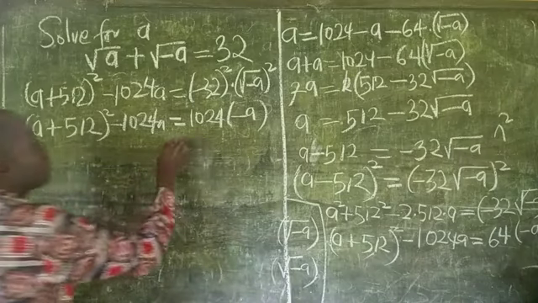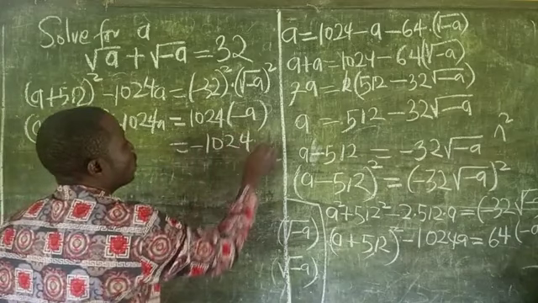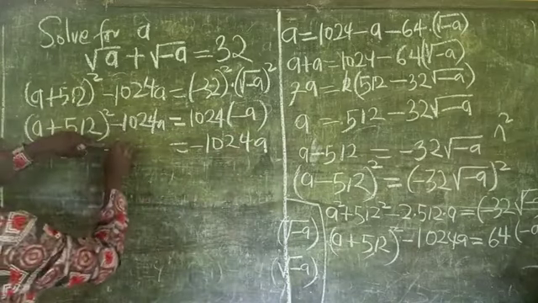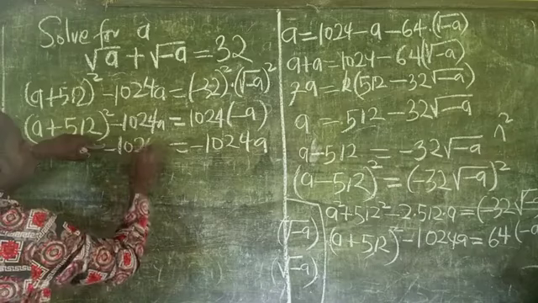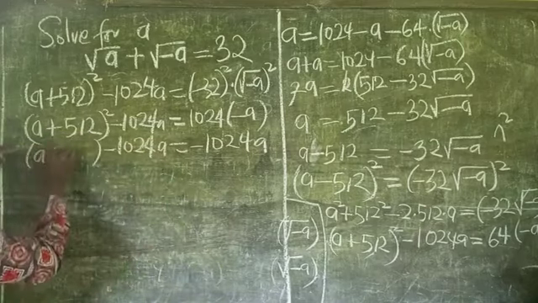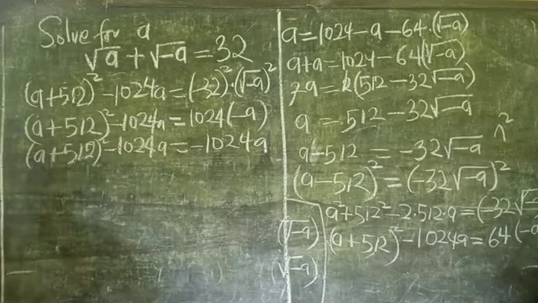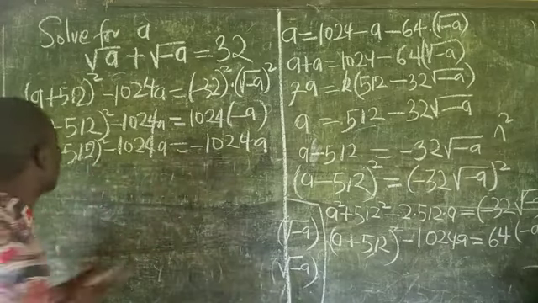Eventually the right side becomes minus 1024a. We have minus 1024a also on the left, and here a plus 512 squared. So we want to take this term so that it can take care of itself.